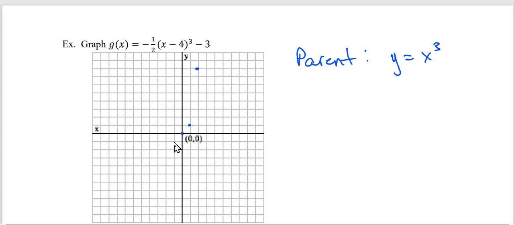And it goes through -1, -1, -2, -8. Down here. I'm just cubing those numbers, right? The x values to get the y values. Clean that up. It needs to be nice and clean so we can see what we're working on here.